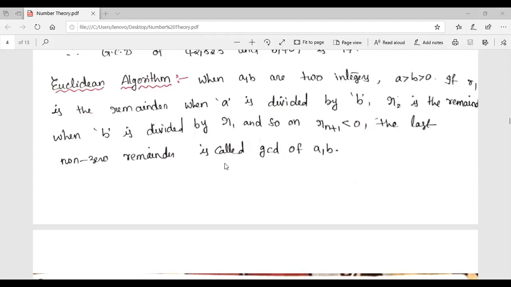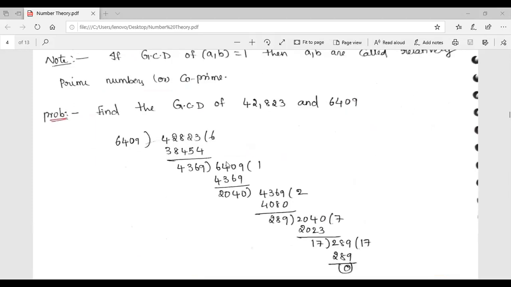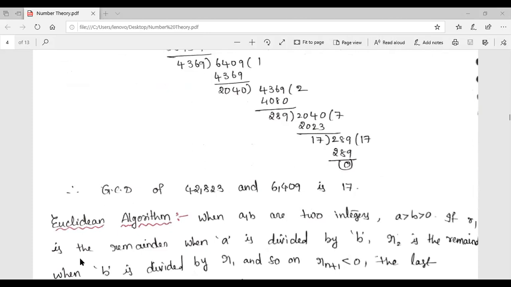So what is the Euclidean algorithm? When a, b are two positive integers, if r1 is the remainder when a is divided by b, then in this example a divided by b gives the remainder r1, that is 4369. r2 is the remainder when b is divided by r1.